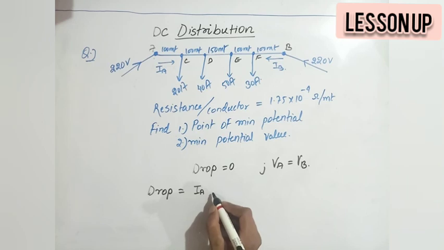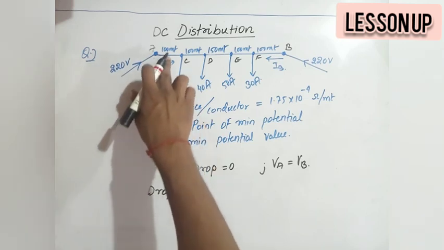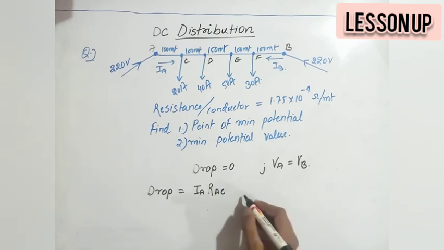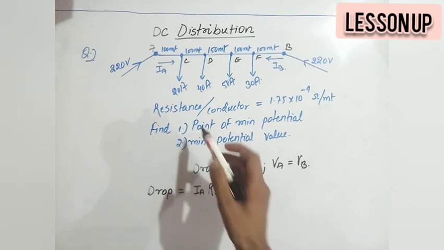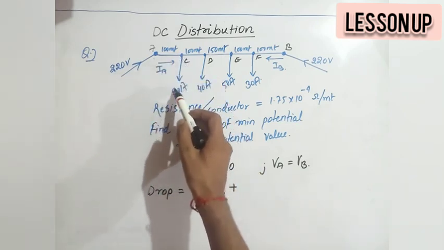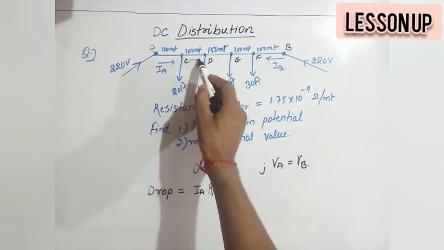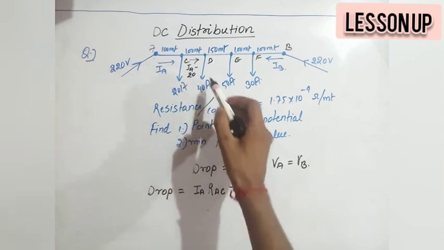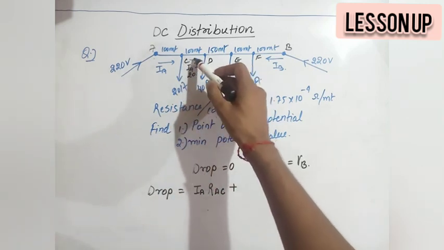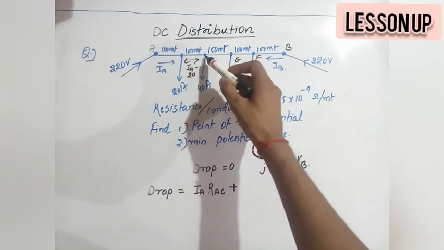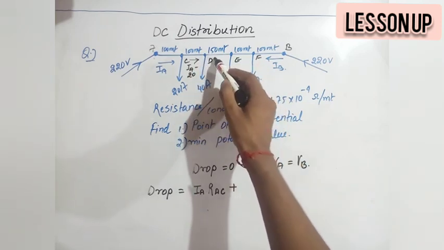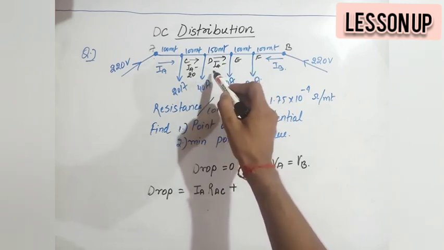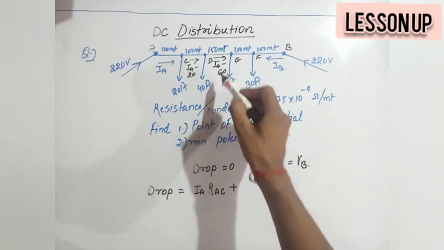The drop between A and C will be IA into resistance, that is RAC. IA is coming from this point and 20 ampere is taken out, so the current will be IA minus 20. Then IA minus 20 is coming from this direction and 40 ampere is taken out, so the current is IA minus 60.